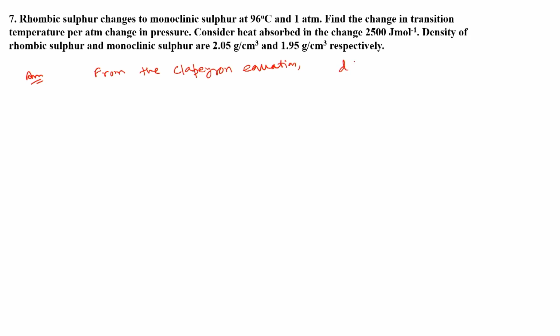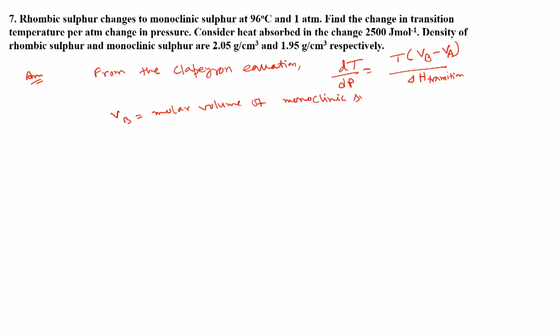we can write dT by dP, we just discussed, is T times Vb minus Va by delta H transition, right. So, B and A are two states, okay. Vb is the molar volume of monoclinic sulfur. So, what is the molar volume of monoclinic sulfur?